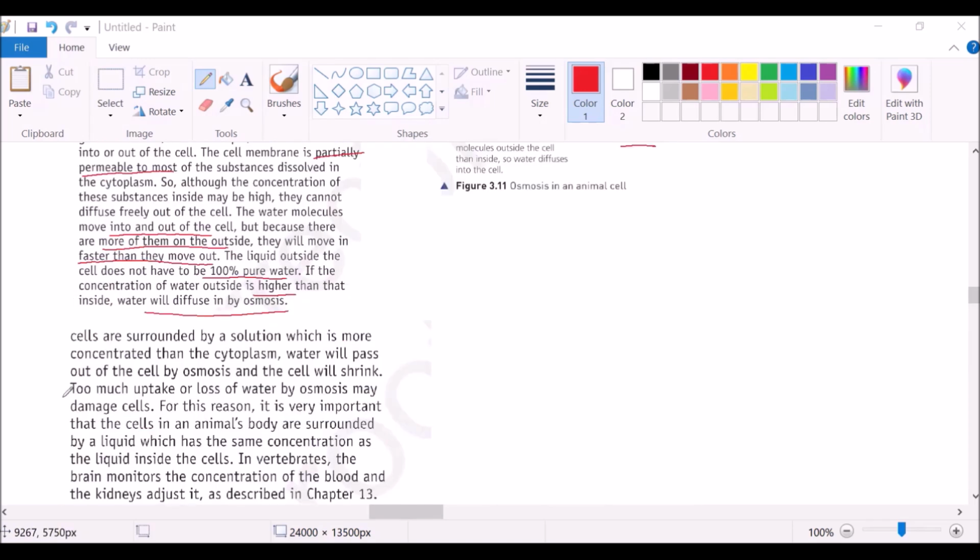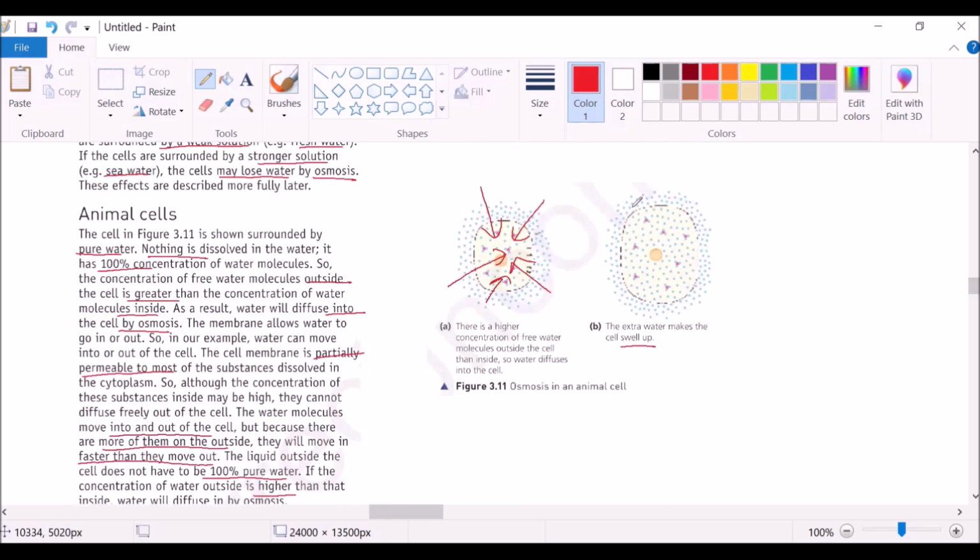Too much uptake or loss of water by osmosis may damage cells. For this reason, it is very important that the cells in an animal's body are surrounded by a liquid which has the same concentration as the liquid inside the cell. So if the cell continues to take up water, it may burst.